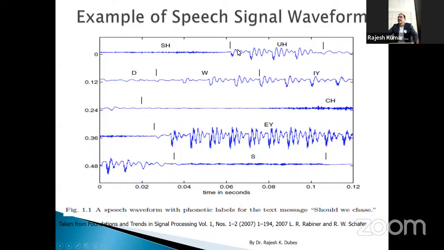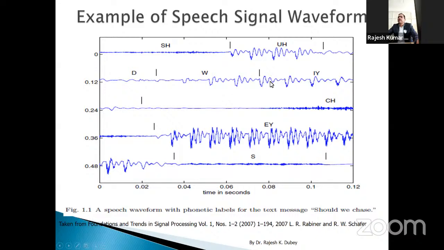Not exactly, but some periodicity. This pattern is repeated, and a similar pattern is repeated, and so on. Here it is a voiced sound, sh, u. The u sound is a voiced sound, so we observe some periodicity and more magnitude. The sh sound is an unvoiced sound, and that's why we observe very low magnitude here.